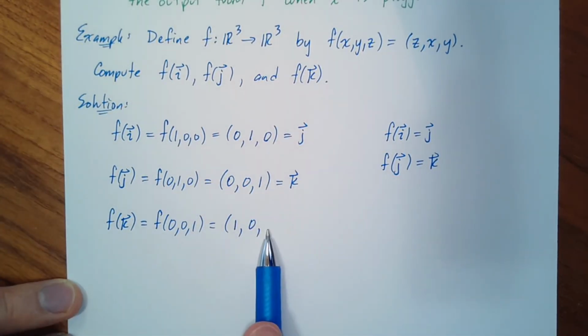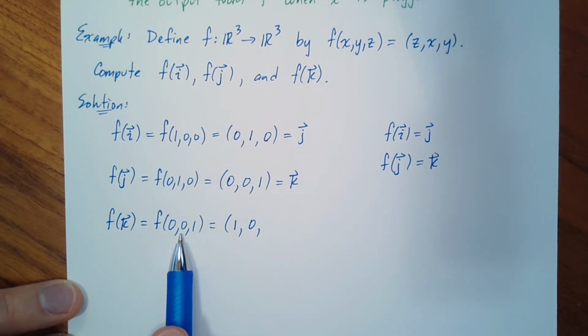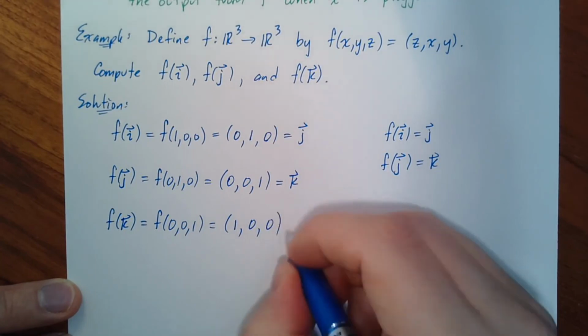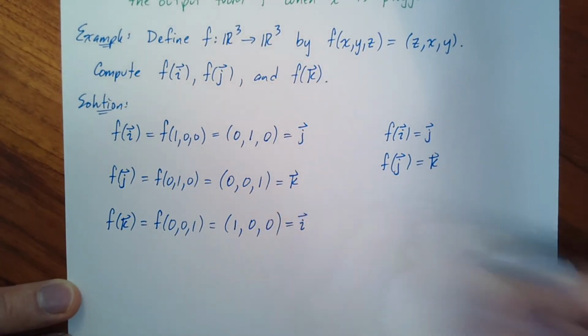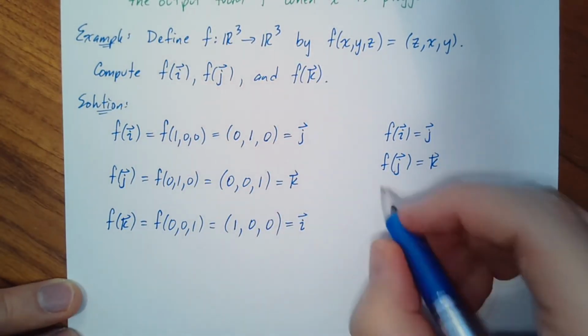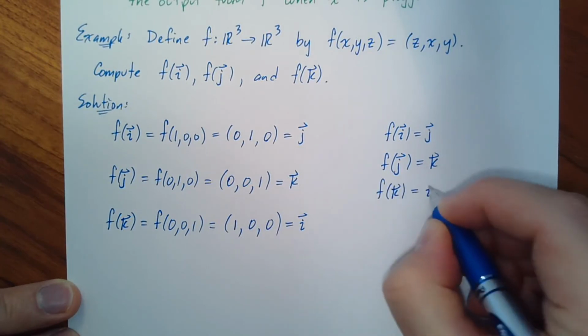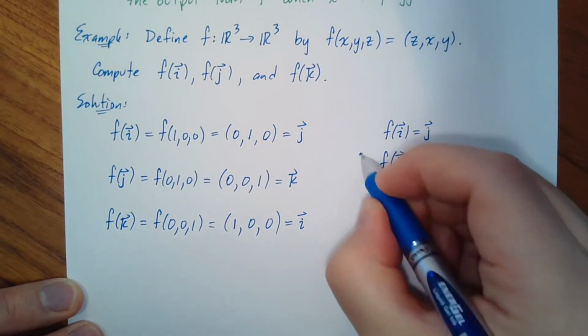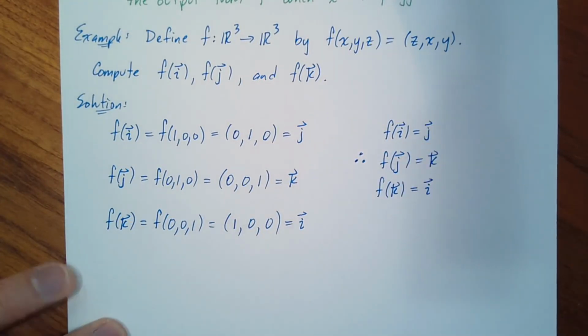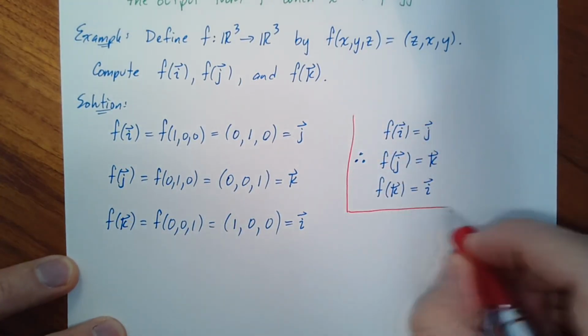And then finally, the third coordinate of the output vector is going to be the second coordinate of the input vector, which is a 0. So we end up getting the vector i. So then f of k is equal to i.